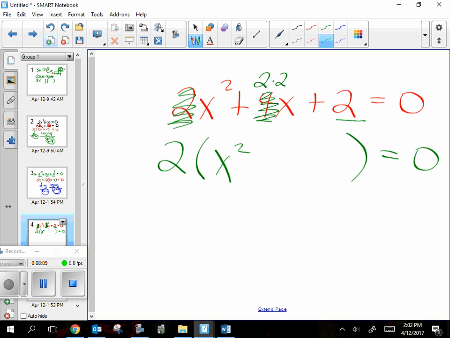Once I take out one of the 2's to bring out to the front, I'm really dividing it by 2. And I get 2x. And this is a plus. And then the last one, there's only a 2. How do I take a 2 out of that? I can say times 1. And then I can take the 2 out to the front. And that leaves behind a 1.